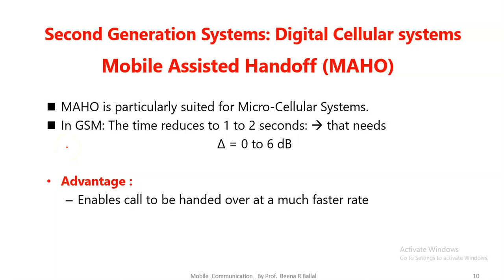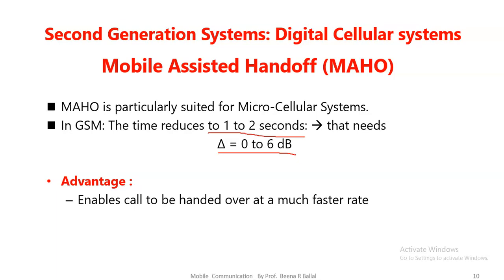In GSM, that is Global System for Mobile Communication, the handoff time reduces to 1 to 2 seconds, which requires the value of delta to be 0 to 6 dB. Though in the analog system it was around 10 seconds, here the handoff just requires around 2 seconds.